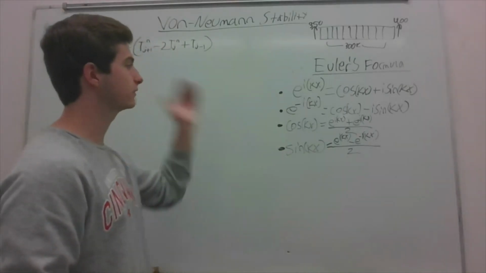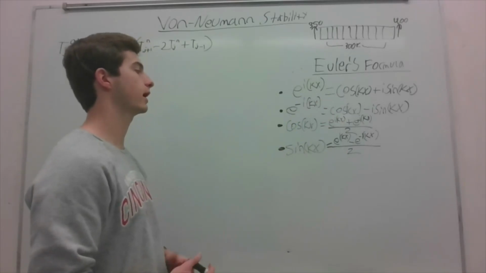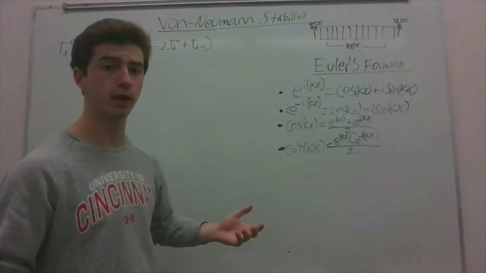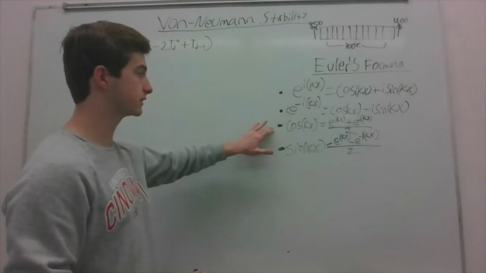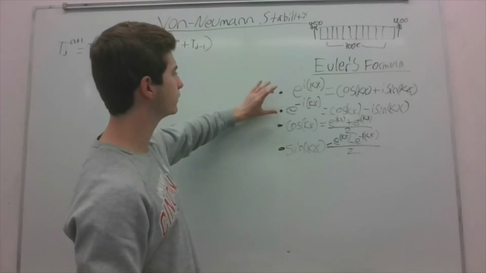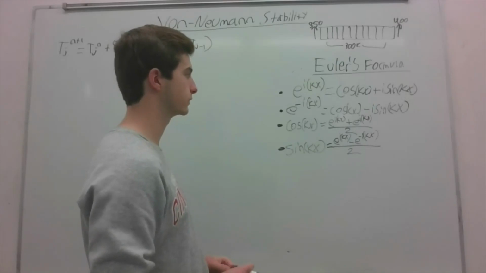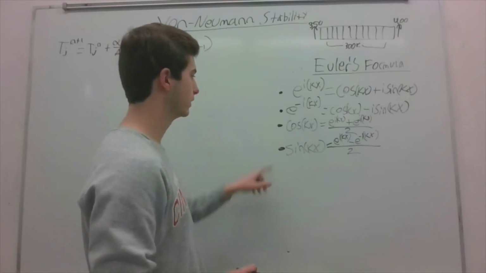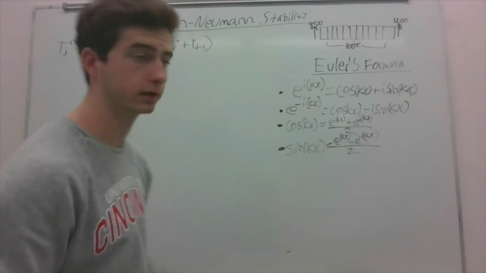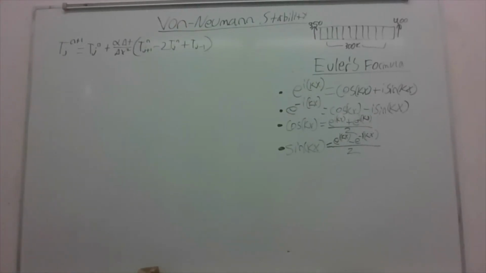Cosine kx is simply e to the i kx plus e to the negative i kx, over 2. Okay? Over 2. This is saying cosine kx is these two values combined divided by 2. Awesome. What's sine kx? Well, it's the same thing except with a subtraction sign. Okay? Subtraction sign.